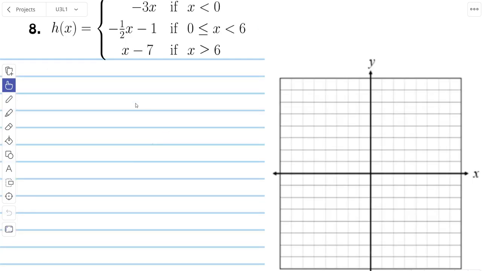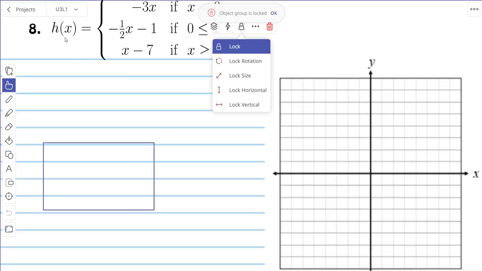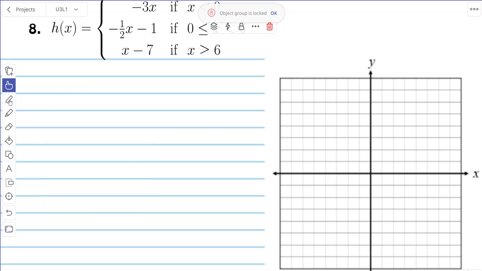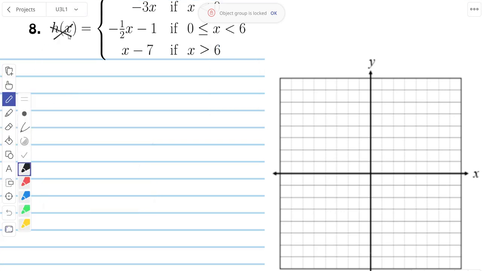One last one. So again, we're looking at changing that to y. So we want to think about our domain breakdown. So we want everything to the left of 0. So that's an open circle going left.